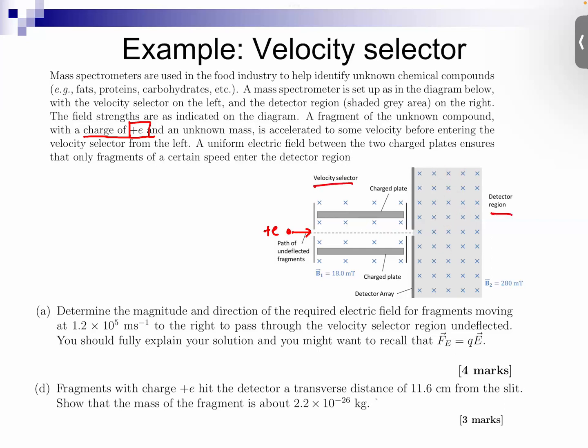So there are 2 parts there. The first question is in regards to the velocity selector. It asks us to determine the magnitude and direction of the electric field.